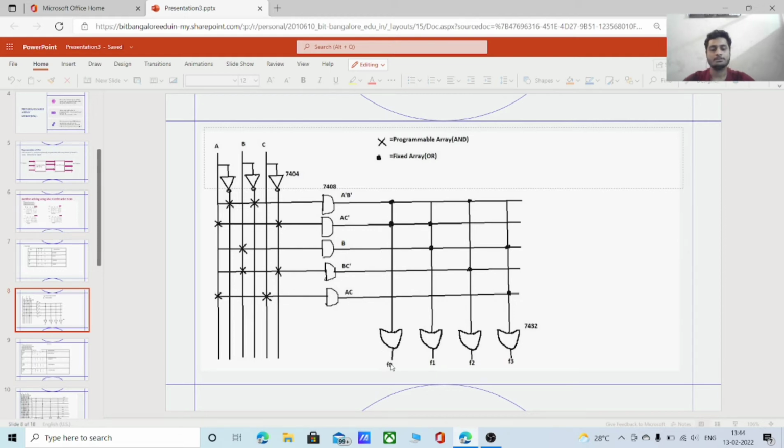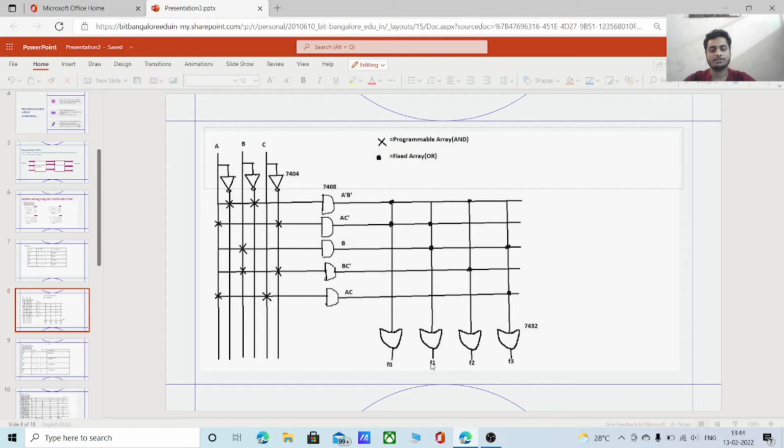The first function is F0. F0 is A complement into B complement plus A into C complement. So we make connections for OR at A complement into B complement and A into C complement and pass it through an OR gate. So we get F0, which is A complement into B complement plus A into C complement.